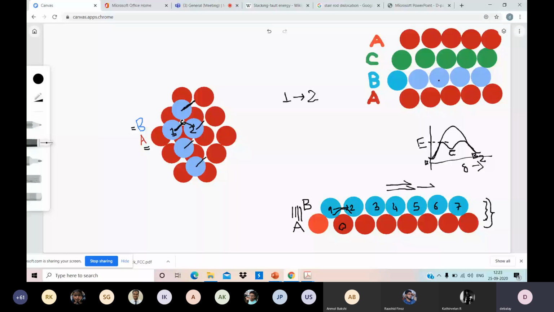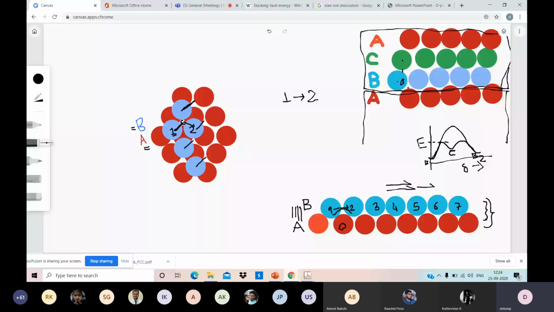Now let us see. This is my A layer. So this entire body is below the slip plane. On top of that, the B layer, with the entire layers above it, is sliding. In this process, if a B atom moves into C position, it is somewhere shifted. You have to understand it group wise.